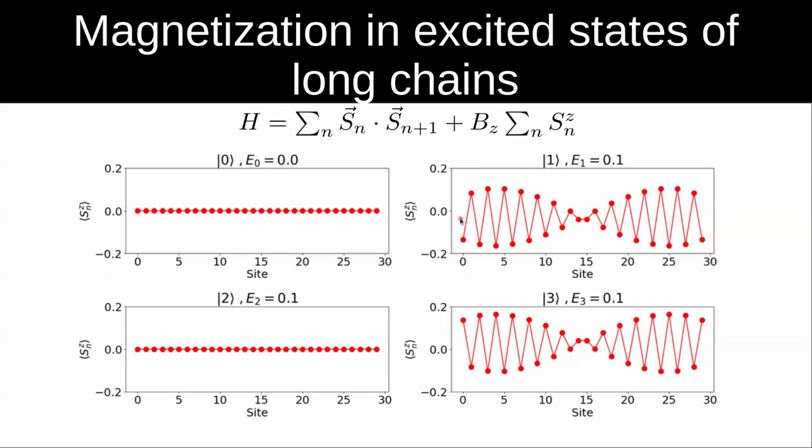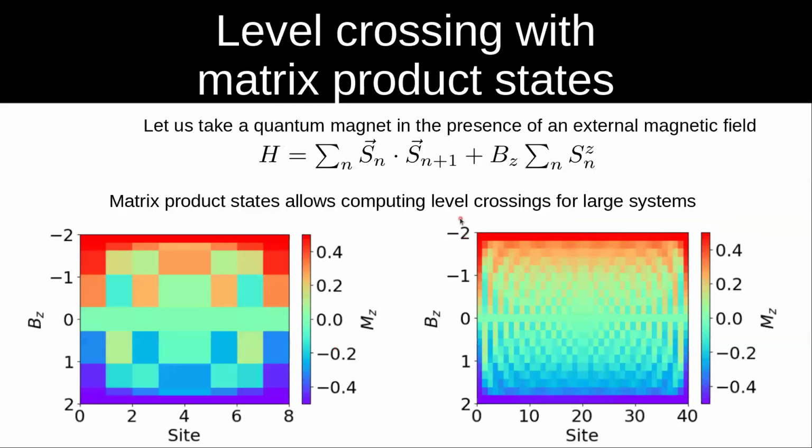This is very similar to what we find in small spin chains. You can do this systematically by looking at level crossings as a function of the magnetic field. If you start with a Heisenberg model that only has first neighbor exchange coupling and no magnetic field, then your ground state is a state that has magnetization zero everywhere.